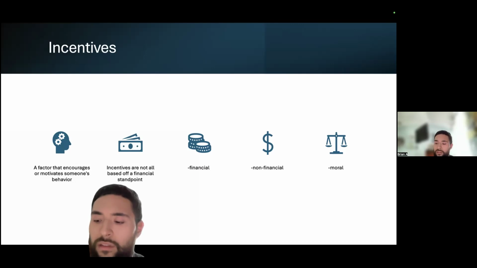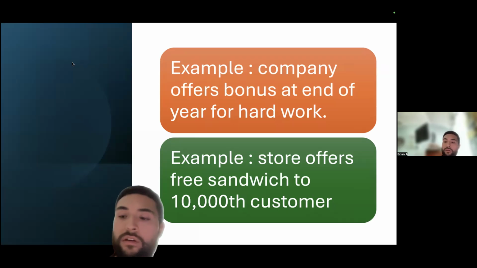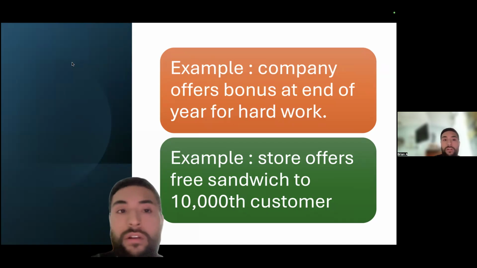Moral would be like doing good for a charity. So here we have two examples. The examples I've given are companies offering bonuses at the end of the year for hard work. If you work hard, your company appreciates that and they notice it, so they give you a bonus of cash. Let's say you make an extra 10 G's at the end of the year just for working hard.